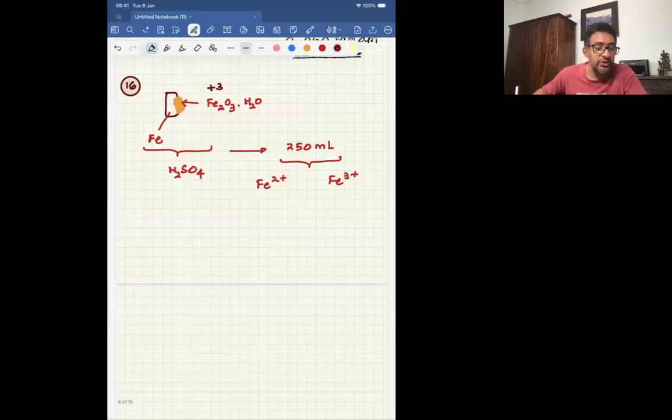That's how the reaction has worked. So you take 25 milliliters of this solution, which required 16.9 milliliters of 0.02 molar KMnO4.